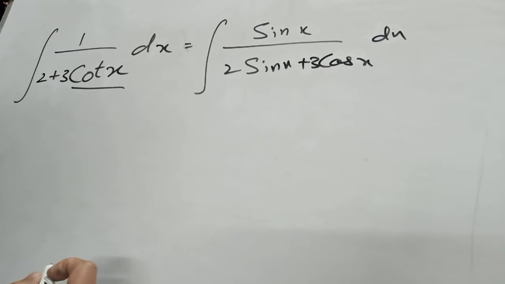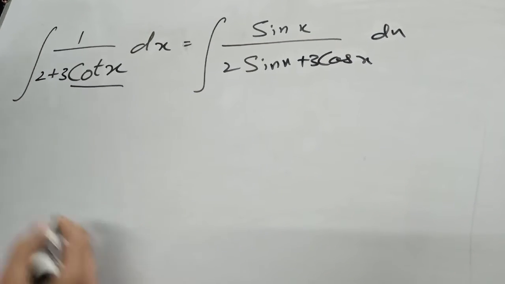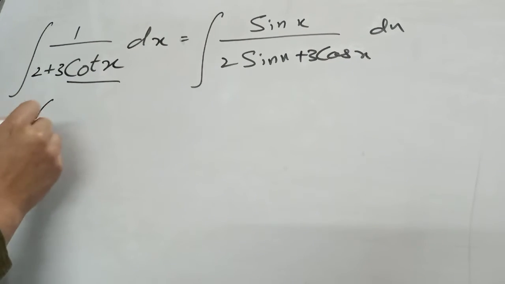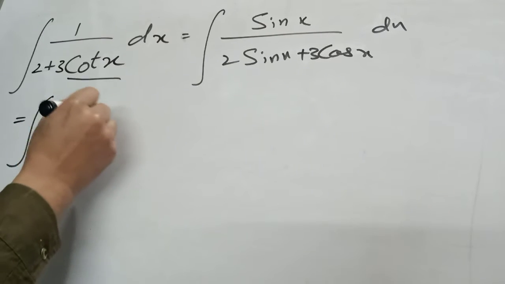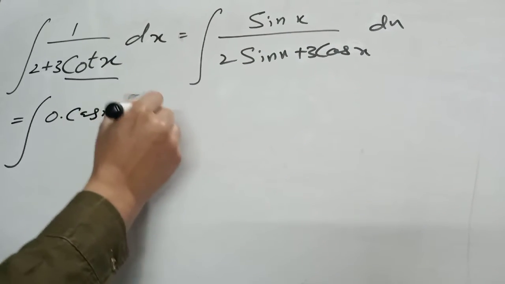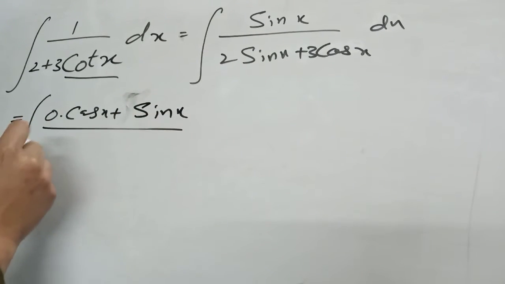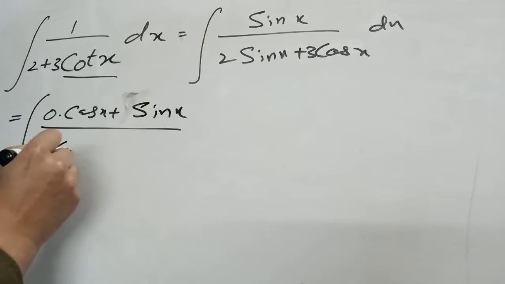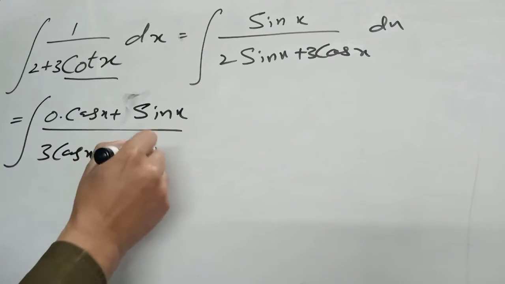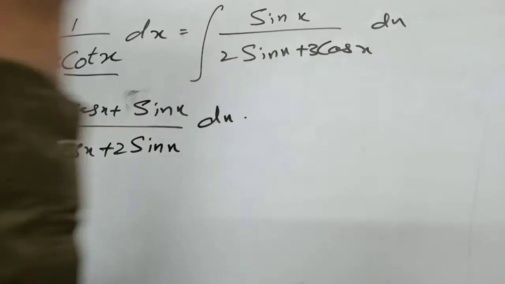Now for using the formula, we will transform the function like this: 0 into cos of x plus sine x divided by 3 cos x plus 2 sine of x dx.